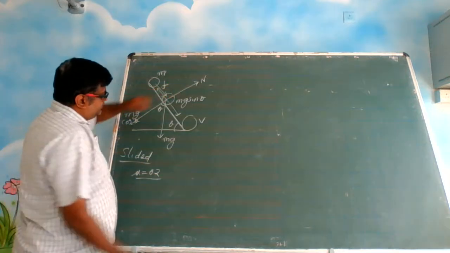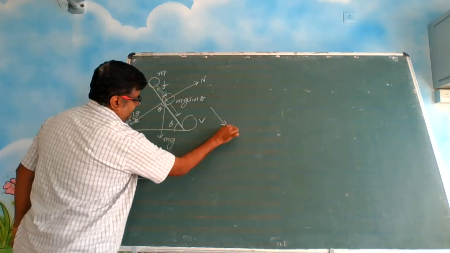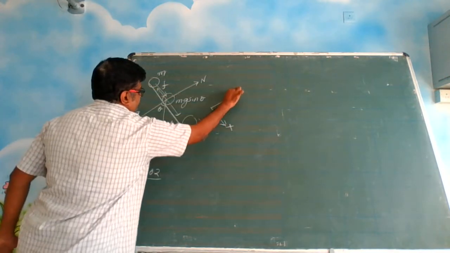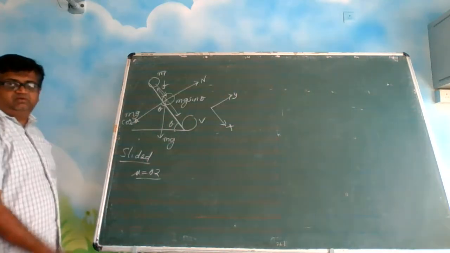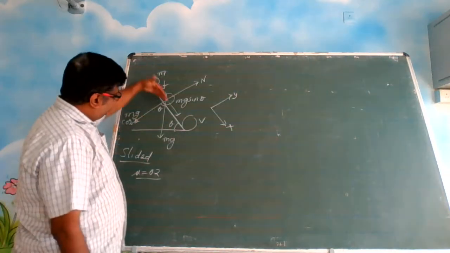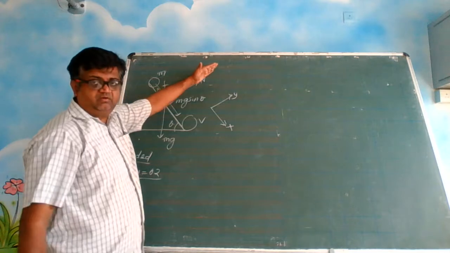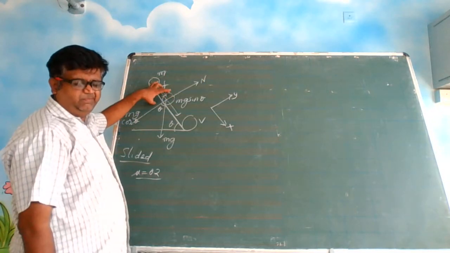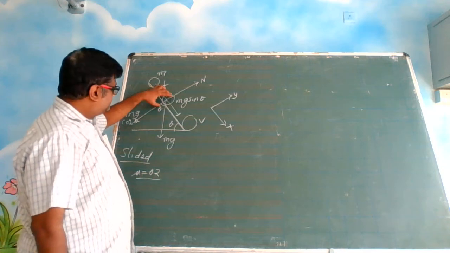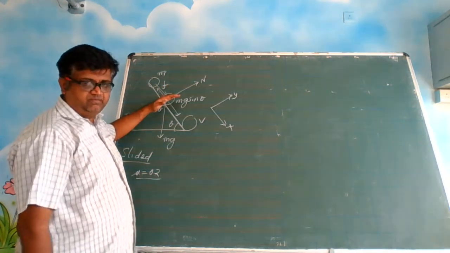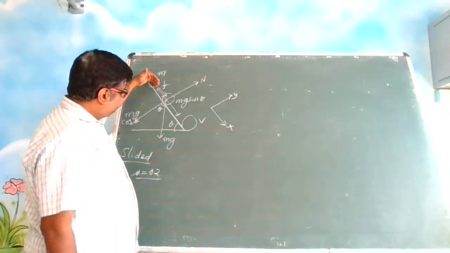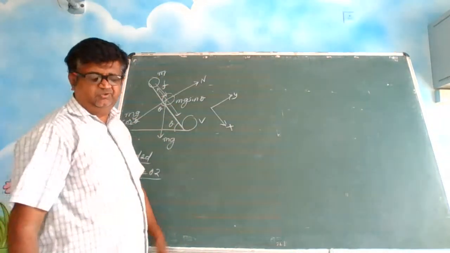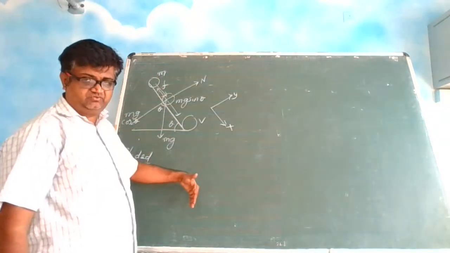If I call this my X and Y, X is along the plane, Y is perpendicular to the plane. In the Y direction, there is equilibrium. But in the X direction, the object is moving down, so in the X direction there is a net force.